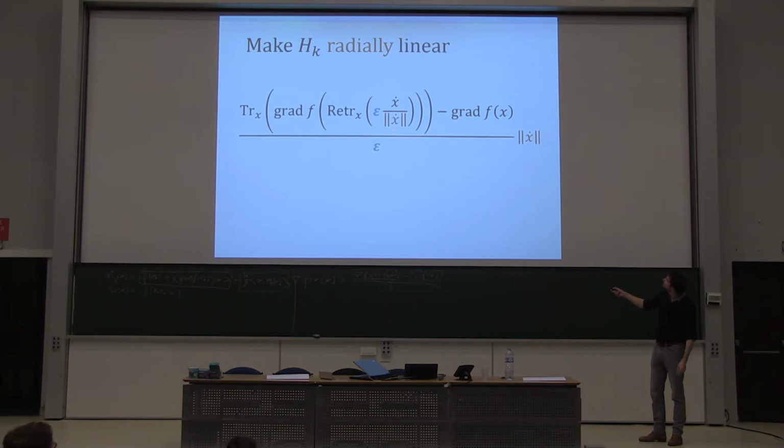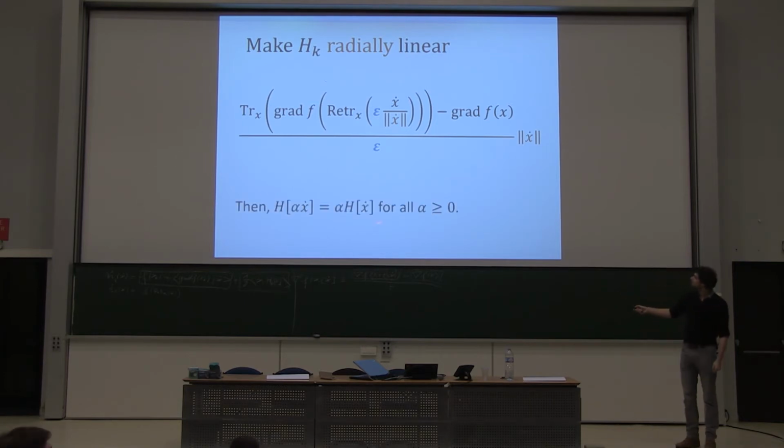We had a t here. This was the step size t here. I'm scaling it in proportion to the norm of x dot, so that if I apply this operator to x dot or to 5 times x dot, I will get this kind of linearity.